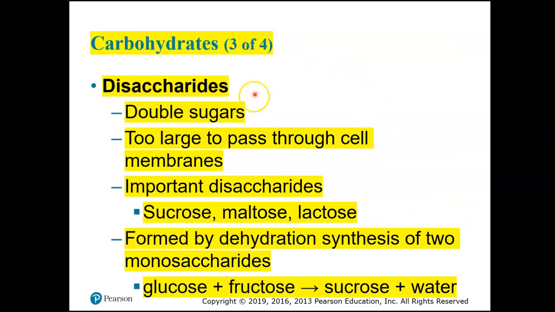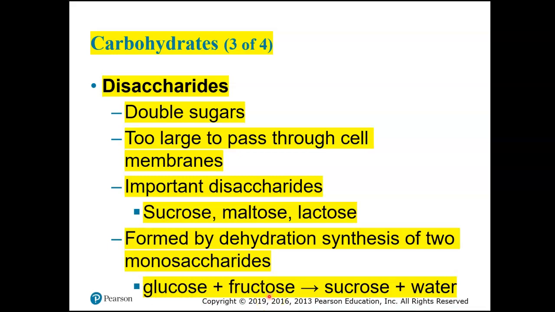All right, disaccharides contain 2 monosaccharides chemically bonded, so they're double sugars. They're still sugars, but they're a little more complex than monosaccharides. Important disaccharides are sucrose, maltose, and lactose. Sucrose is formed by dehydration synthesis of glucose and fructose.